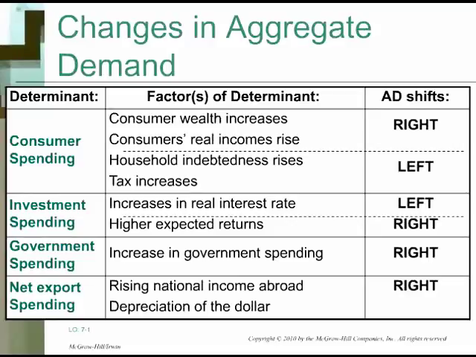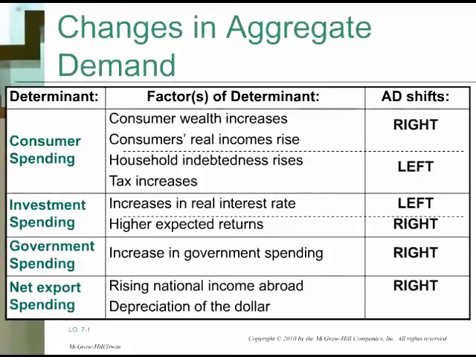For example, factors such as consumer wealth and real income affect aggregate consumer spending positively, and an increase in these factors would shift the AD curve to the right, while an increase in household indebtedness and taxes will have the opposite effect. Increases in real interest rates will raise borrowing costs for businesses and will lower investment. AD shifts to the left, while higher expected returns will increase investment and shift AD to the right.